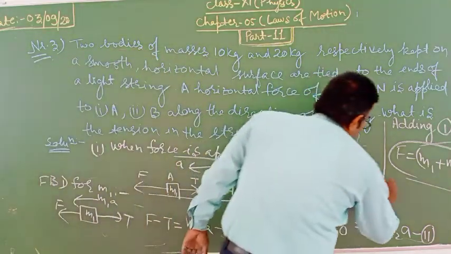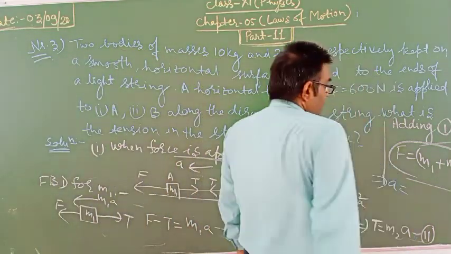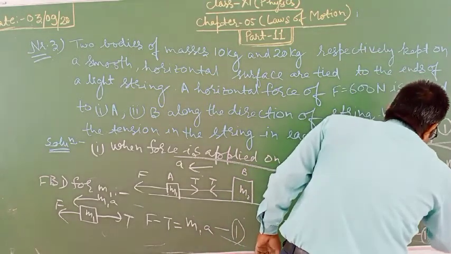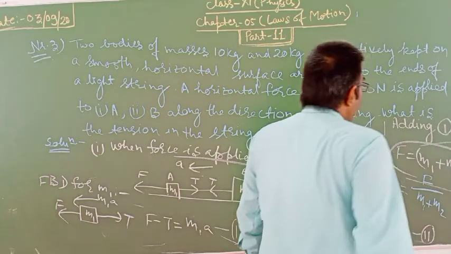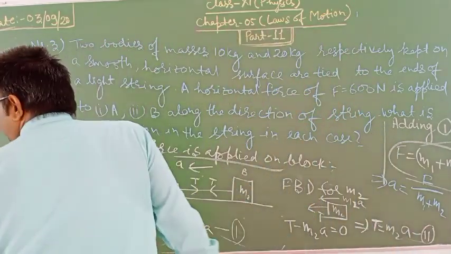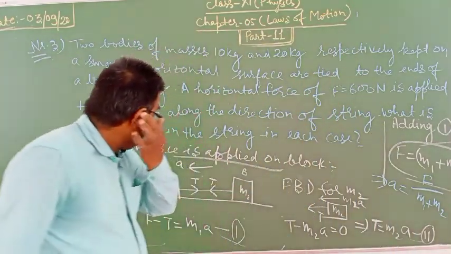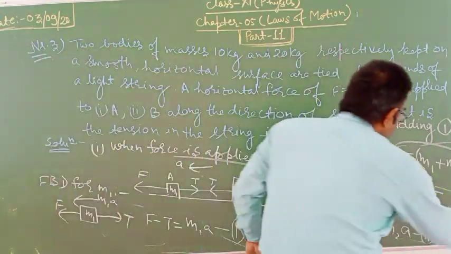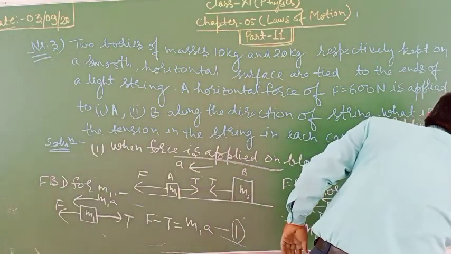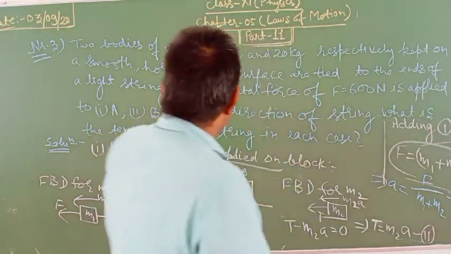A is equal to F upon M1 plus M2. So the force is 600 Newton, 600 upon M1 plus M2.